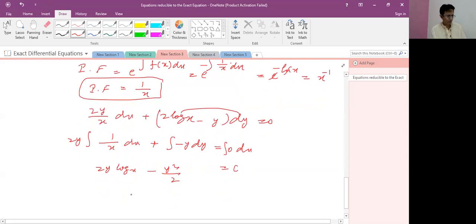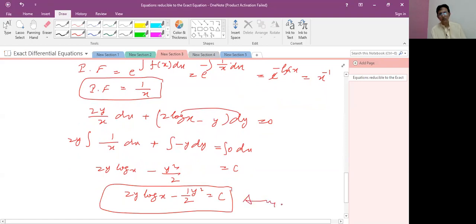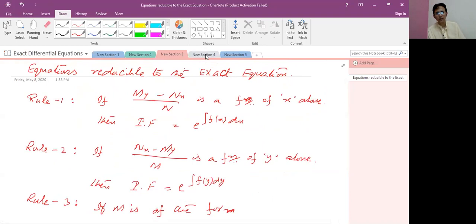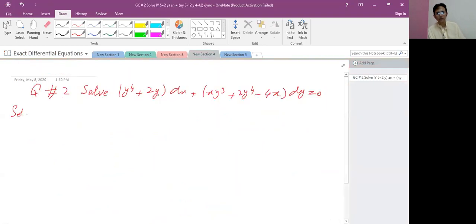So it is 2 times y log of x minus y square upon 2 is equal to c. So this is your solution of the exact differential equation when we apply rule number 1, student. Now similarly for rule number 2, question number 2.